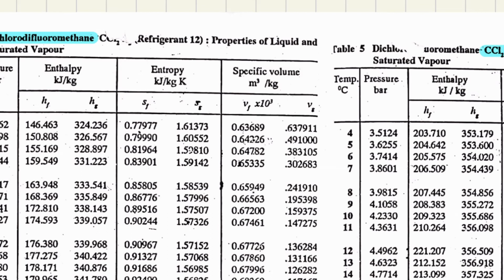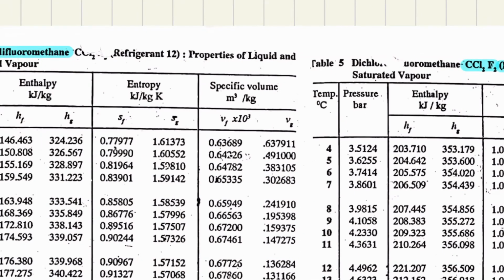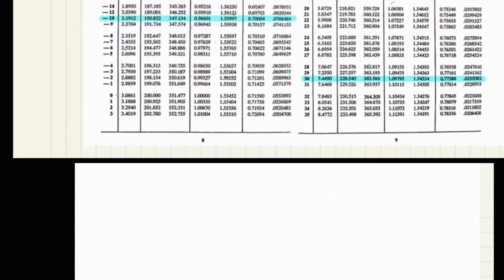I'm not sure about this value, it might be 10 raised to -3. Because the specific volume of liquid is less and vapor is more, and here you can see they are nearly comparable, so I think this should be Vf into 10 raised to -3. I'll confirm and let you know.